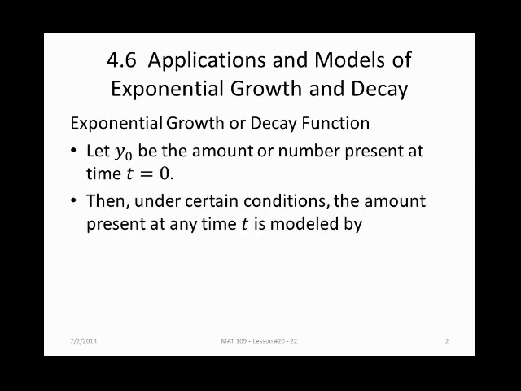Time is the variable. And under the proper conditions, which is not really part of this discussion, so we'll just ignore that for now, let's assume we have these types of conditions, and therefore we have a model which can be described by this equation.